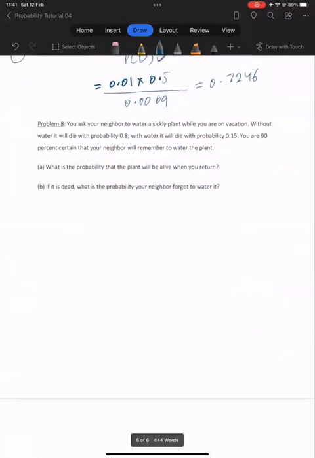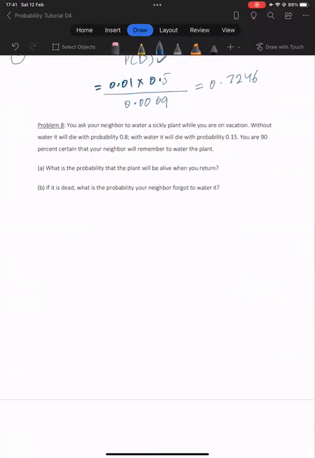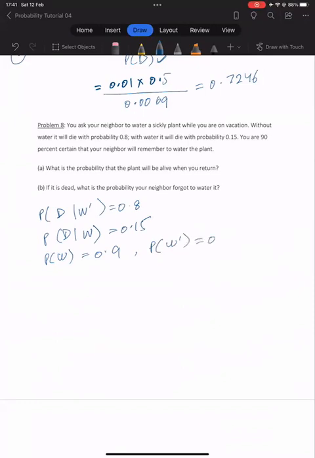You ask your neighbor to water a sickly plant while you're on vacation. Without water, it will die. So given that कि water नहीं दिया, वो मर जाएगा is 0.8. With water, it will still die, okay, but with a probability of 0.15. We are 90% certain that the neighbor will remember to water. So he will not remember to water should be 10%.